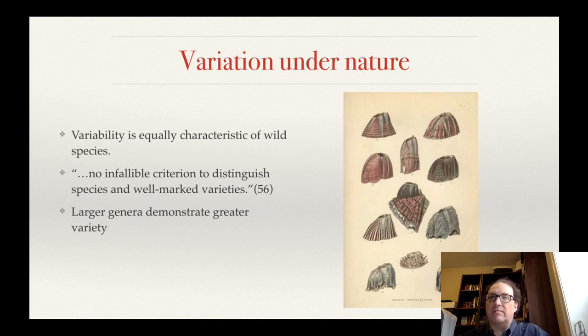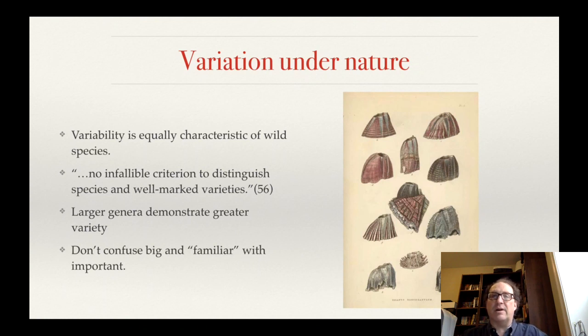And so these are some of the wide variety of barnacle shells that Darwin collected in the work that was part of how he won the Royal Medal in 1853.